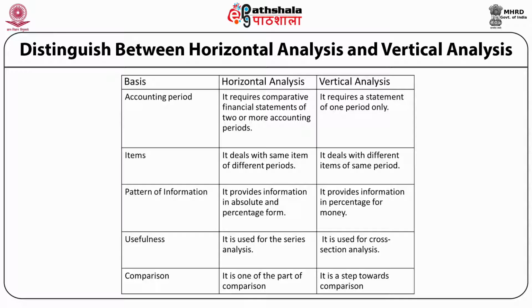Horizontal analysis is used for time series analysis. Vertical analysis is used for cross-section analysis. Difference on the basis of comparison. Horizontal analysis is one part of comparison. Vertical analysis is a step towards comparison.